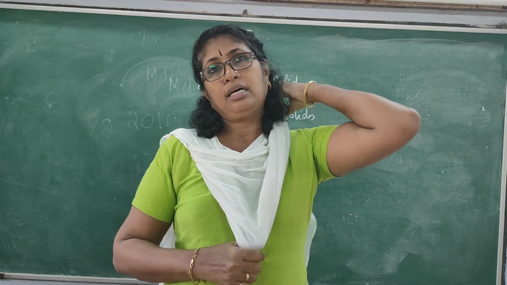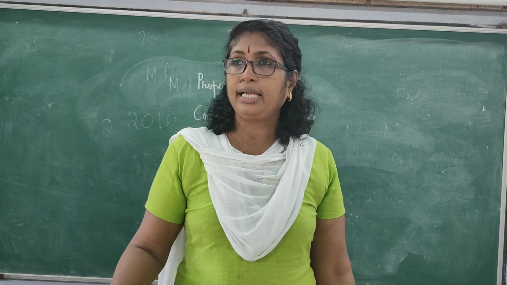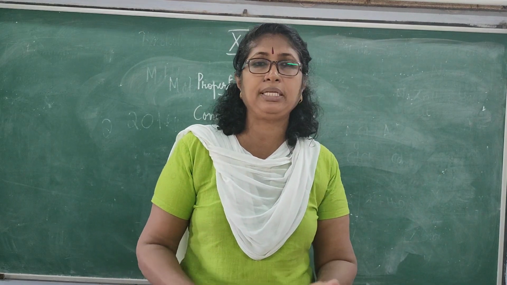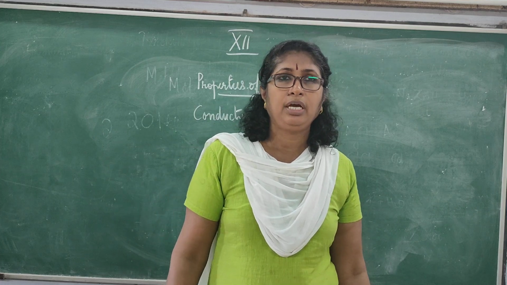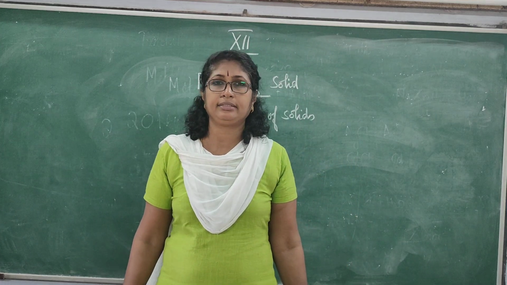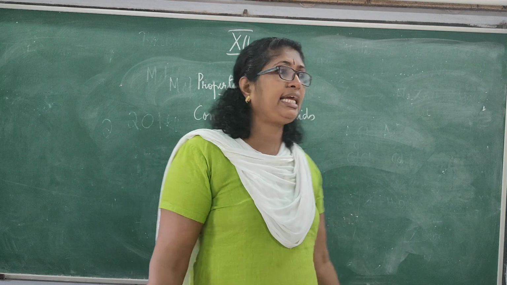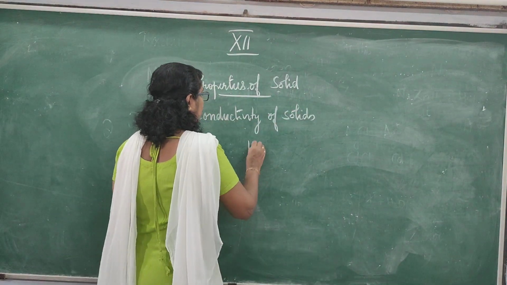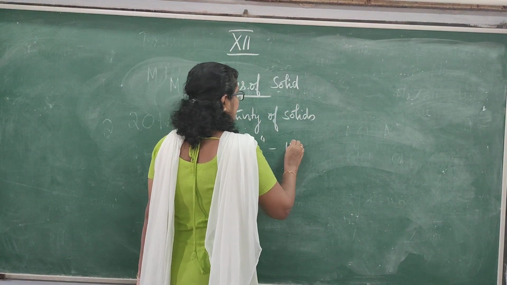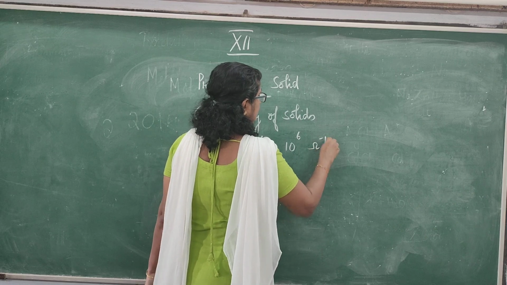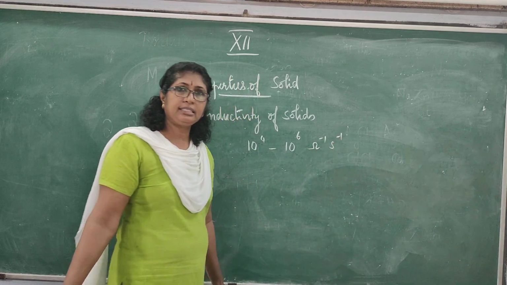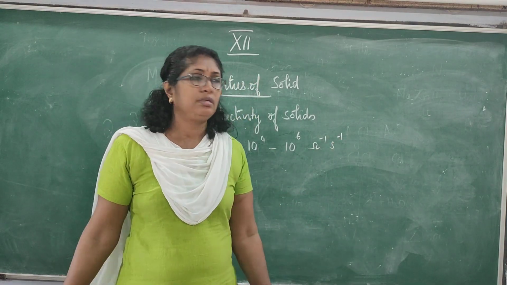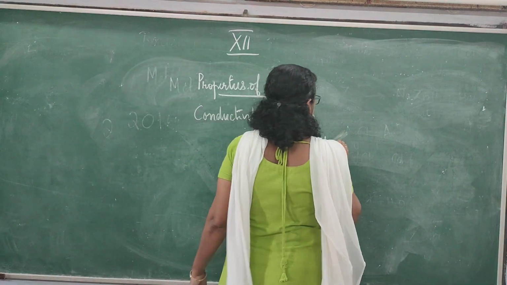They are good conductors, then insulators, and in between them there are semiconductors. Metals are all good conductors. Their conductivity ranges from 10^4 to 10^6 ohm inverse, Siemens inverse. This is the conductivity in ohm inverse centimeter inverse.